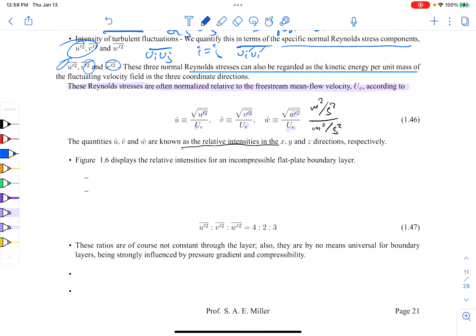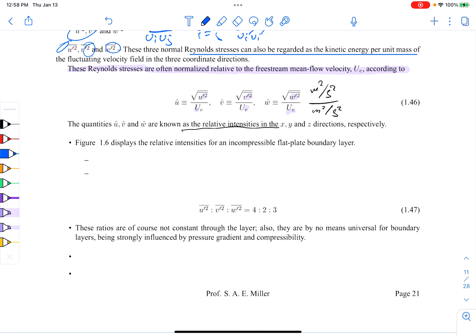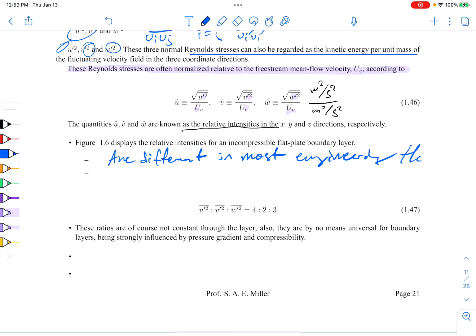And so this is a real measurement, and unfortunately, it's not good news for turbulence modeling, because you may not be able to predict all that, and it obviously could be important. So we could say these stresses, if you will, or turbulent intensities, are different in most engineering flows, and that includes the boundary layer.